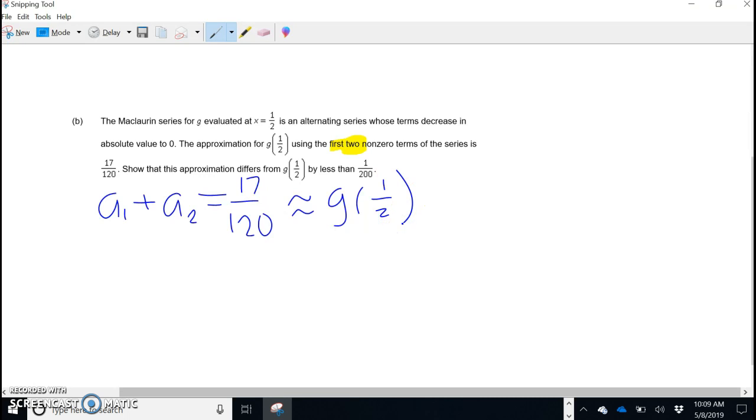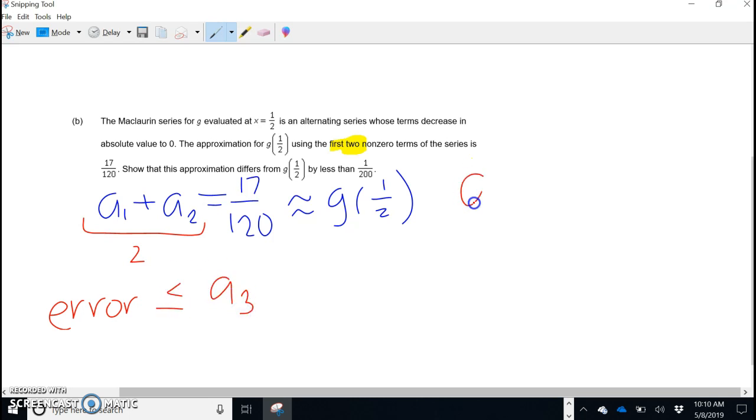Because this is an alternating series that converges, I can get the error associated with that approximation by just using the third term of the sequence. Since I have an approximation that was created using two terms, the error is always going to be bounded by the third term.